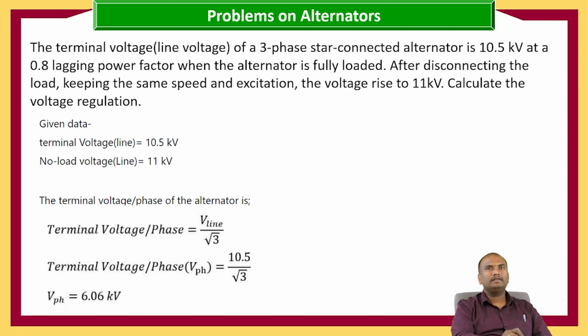Here the terminal voltage is 10.5 kilovolts and the no load voltage is 11 kilovolts. The terminal voltage per phase of the alternator is V line by root 3, which is 10.5 by root 3, where V phase is 6.06 kilovolts.